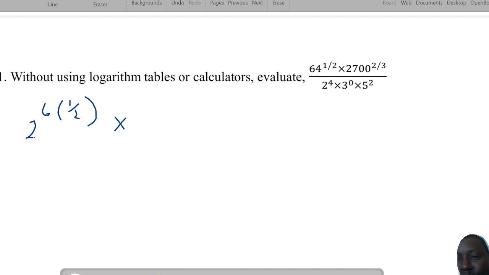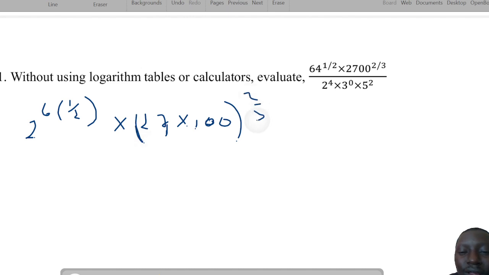Now here you need to be creative. 2700, I can split it into twice: I can have it as 27 times 100, then the power is 2 all over 3.